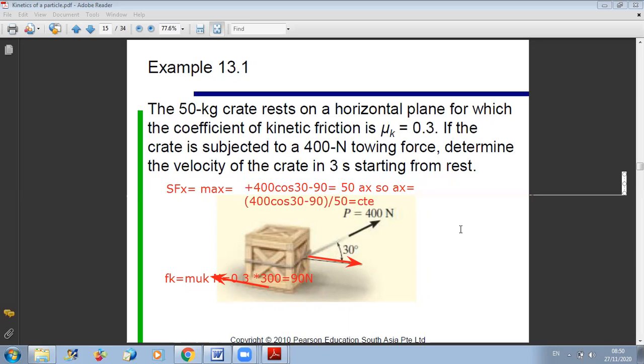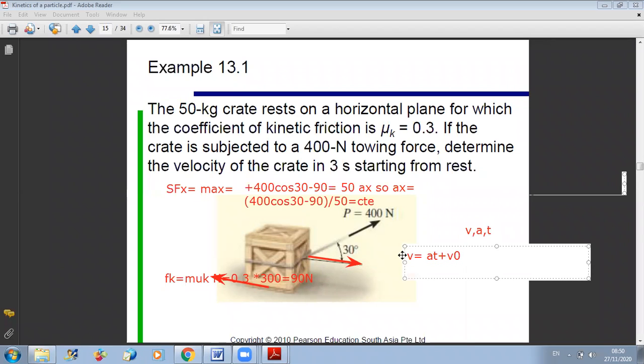I need a relation between velocity, acceleration, and time. What is this relation? Who remembers? What is the relation between v, a, and t for constant acceleration? V equals integral of a dt, so a t plus v0.